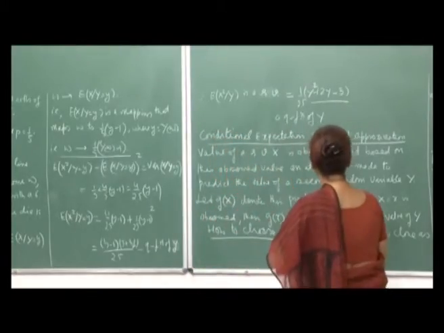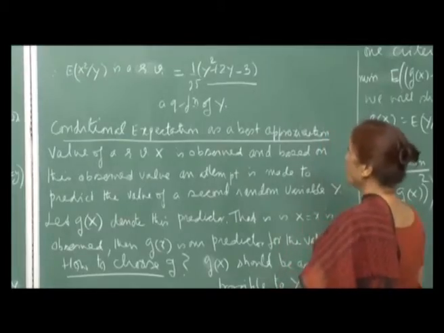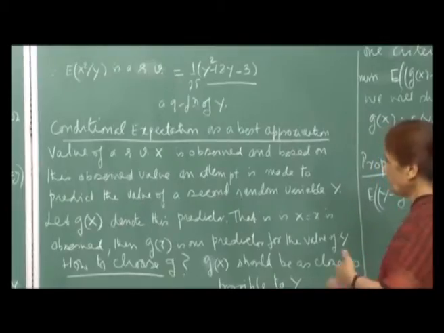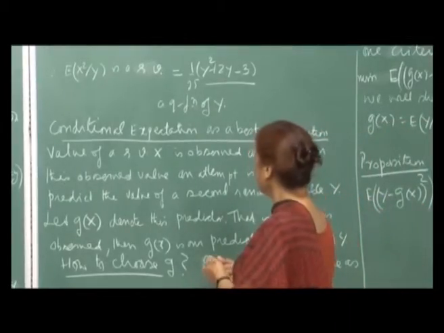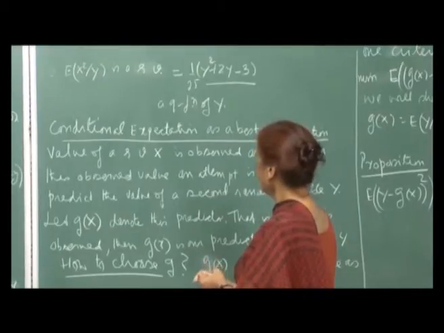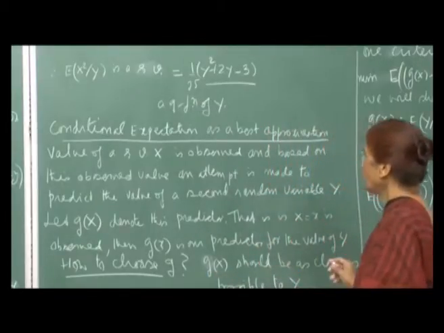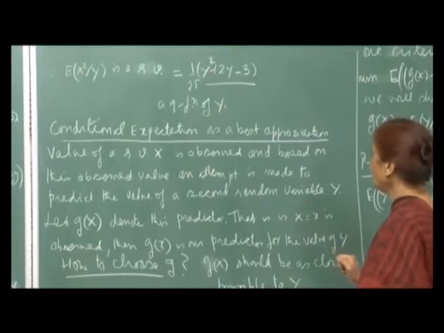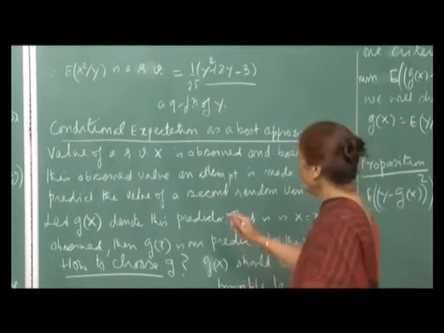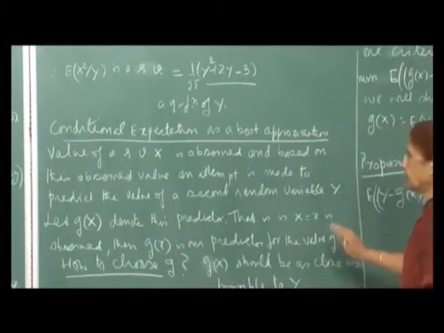Now another role that the conditional expectation plays is as a best approximation. Conditional expectation as a best approximation, and I thought we should talk about this to give you some more feeling. Suppose a value of a random variable x is observed, and based on this observed value an attempt is made to predict the value of a second random variable y.